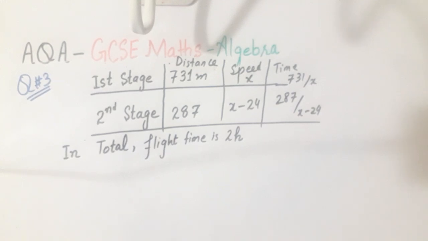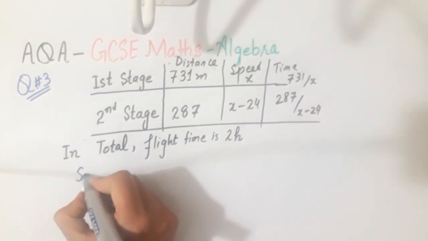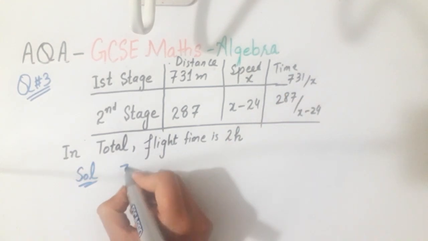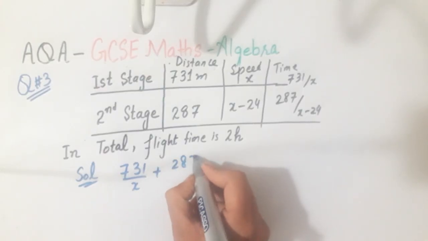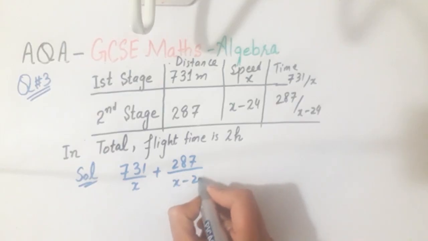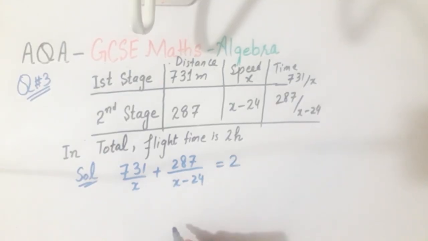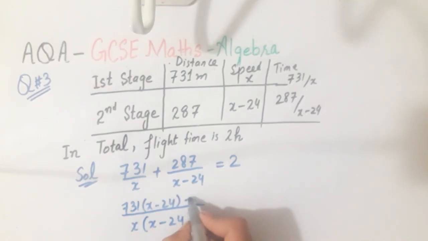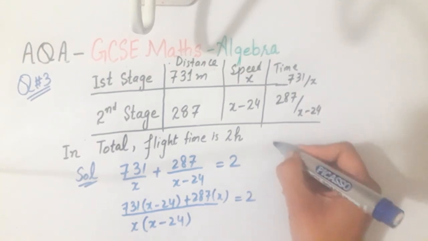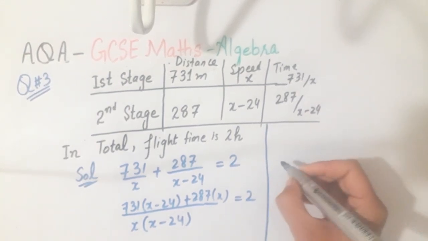So we add both the values: 731 by x plus 287 by (x minus 24) equals 2. Now take the LCM, that is x into (x minus 24), and 731 multiplied by (x minus 24) plus 287 multiplied by x equals 2x(x minus 24).